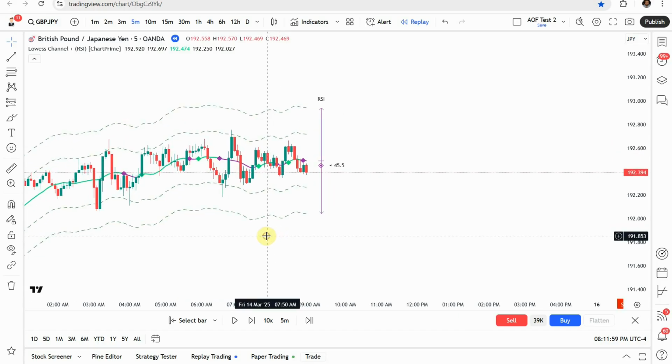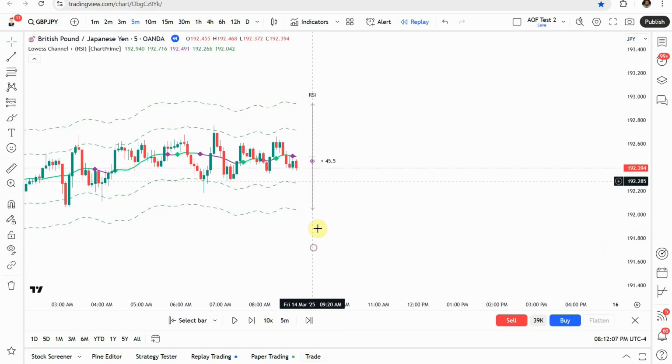Then they go on to say that they added these bands here, two to the downside and two to the upside. And then they added a meter right here that basically indicates where the RSI is in relation to whatever period the indicator is currently in. And so they added the RSI to this as well.